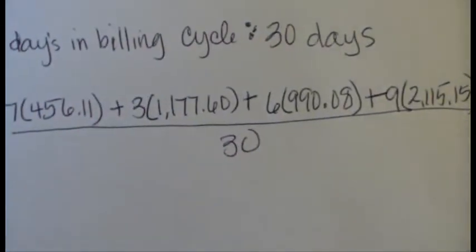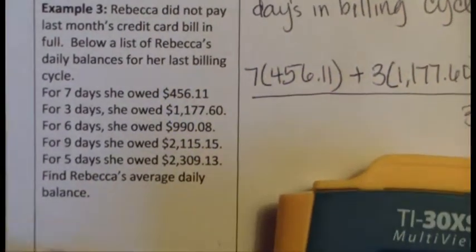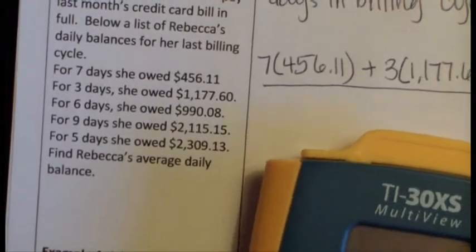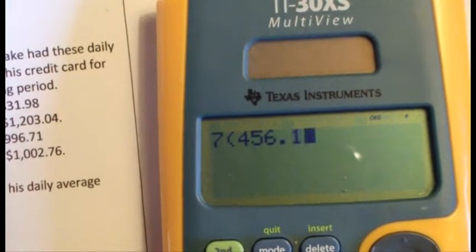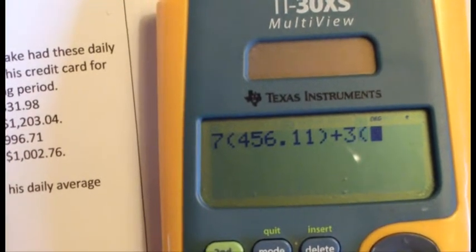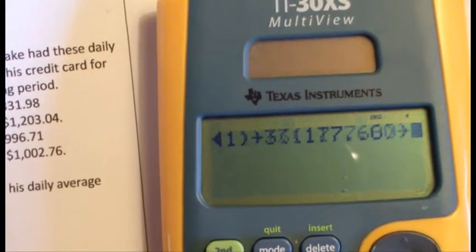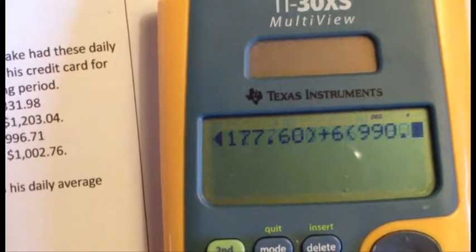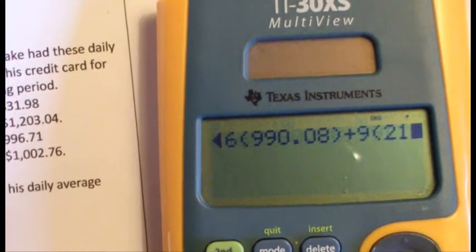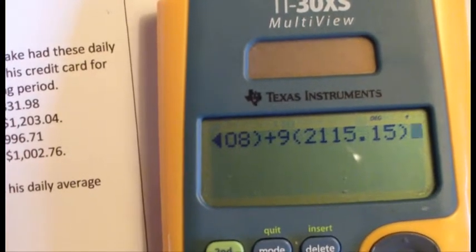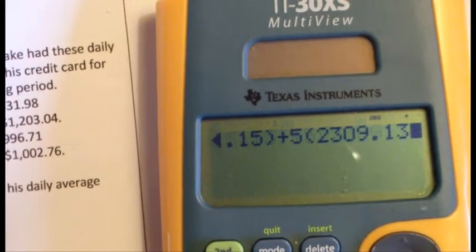All right, so let's figure out what that all adds up to. We've got 7 days at $456.11, plus 3 days at $1,177.60, plus 6 days at $990.08, plus 9 days at $2,115.15, plus 5 days at $2,309.13.